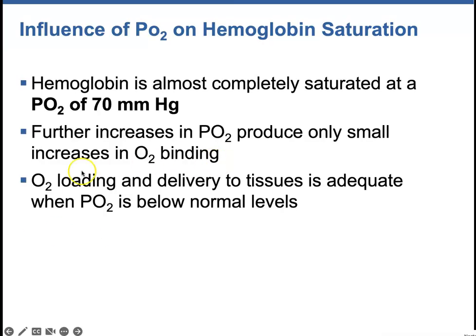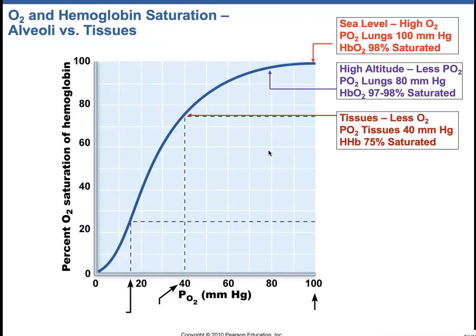So that is what this means by further increases in partial pressure of oxygen produce only a very small increase in the actual binding. So what you're looking at here is called the oxyhemoglobin dissociation curve. And what we're talking about is what does oxygen do based on its partial pressure and how does it saturate the hemoglobin on the left side here.